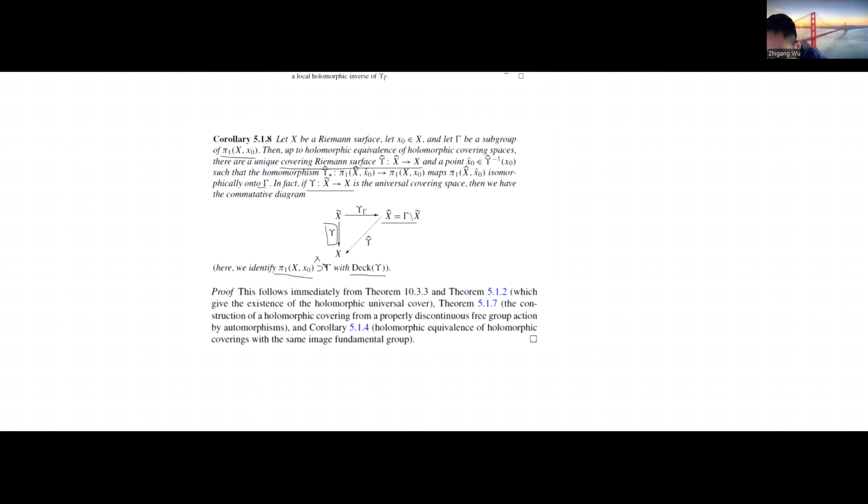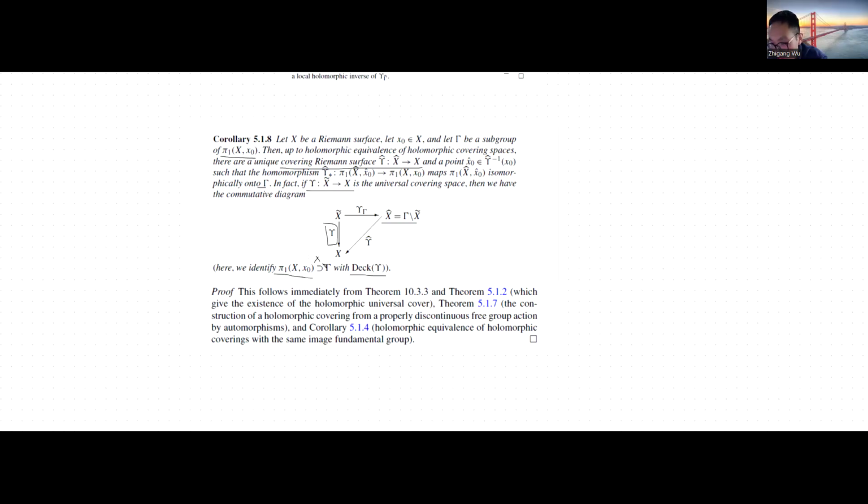we have that there is a unique holomorphic structure on this X hat, with respect to which the covering map is a holomorphic covering space.